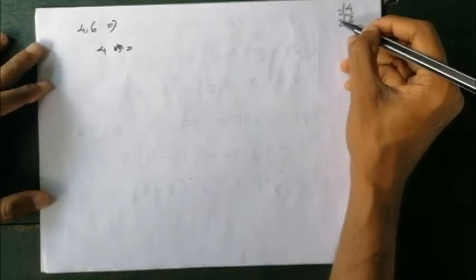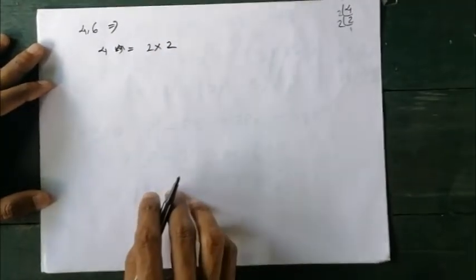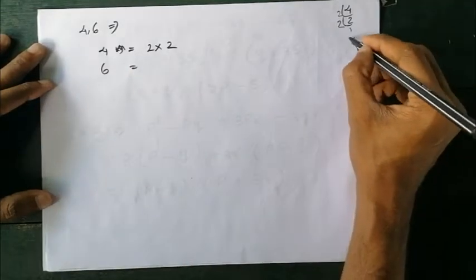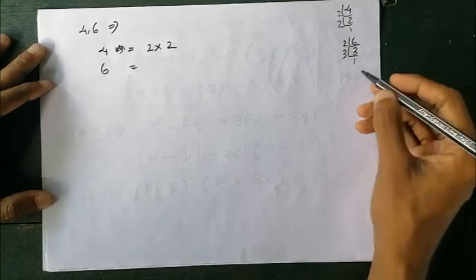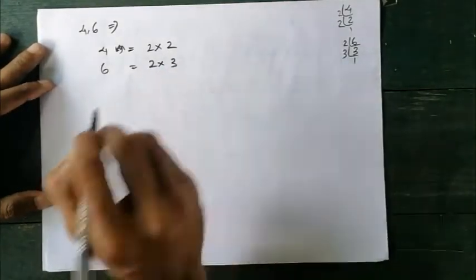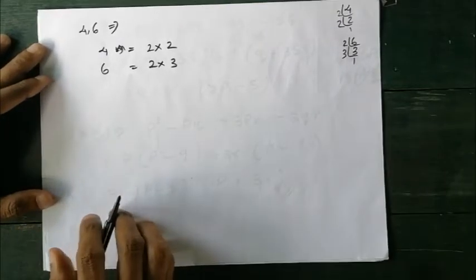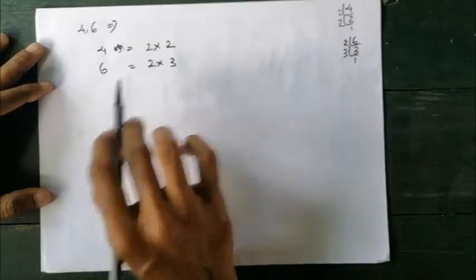So the prime factors are 2 into 2. That is the first step. So 6: 6 divided by 2 it's 3, 3 divided by 3 it's 1. So the prime factors are 2 into 3. So the first step in finding LCM is writing the prime factors.